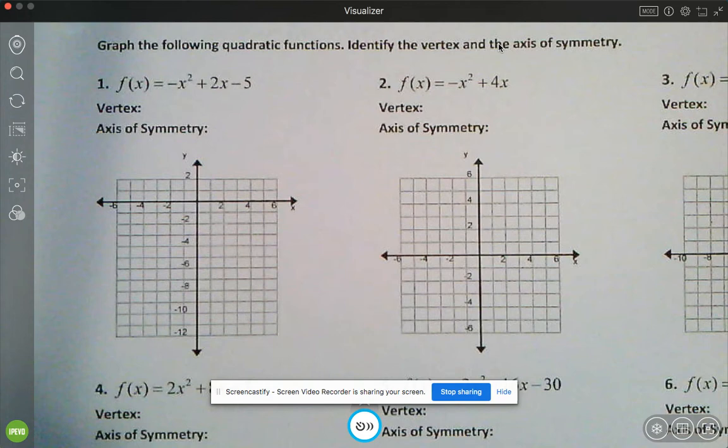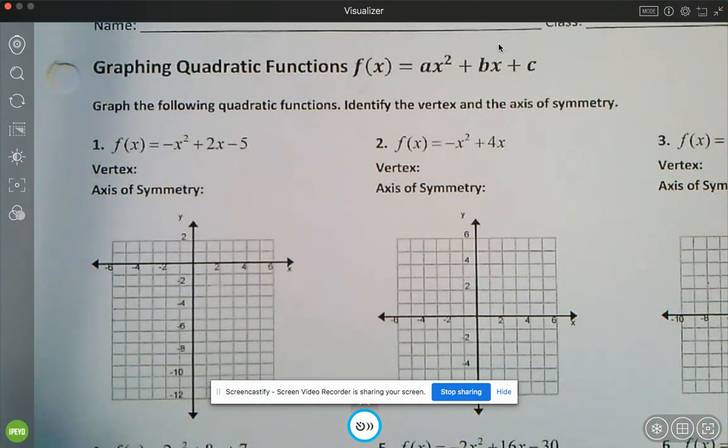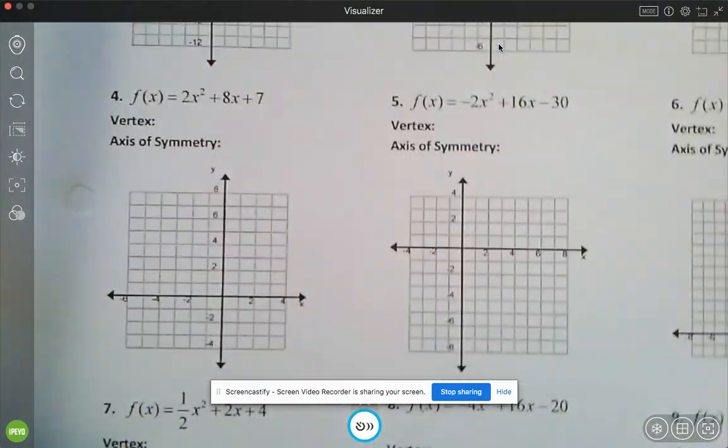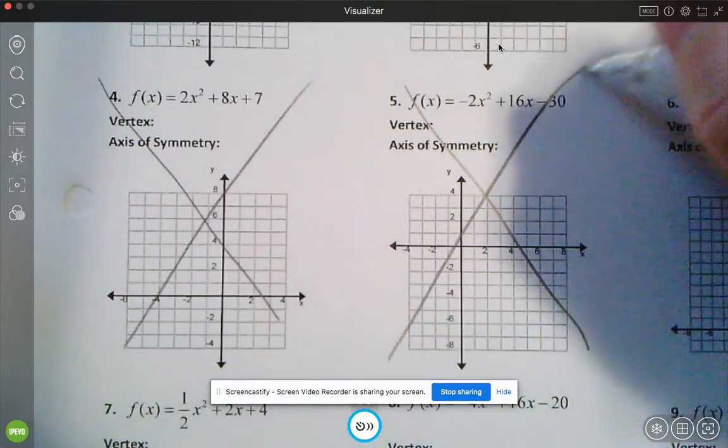I gave you 2 handouts to practice graphing on, but I wanted to look at this one here. You don't have to do numbers 4 and 5. You can cross those off because we did those last week. I gave them to you as screenshots, so you don't have to do those.